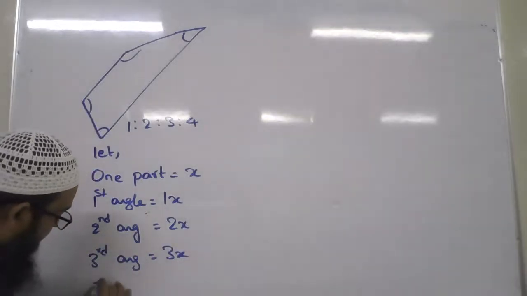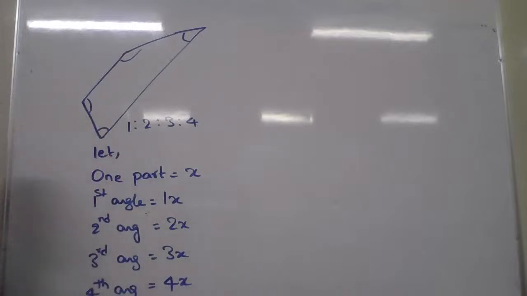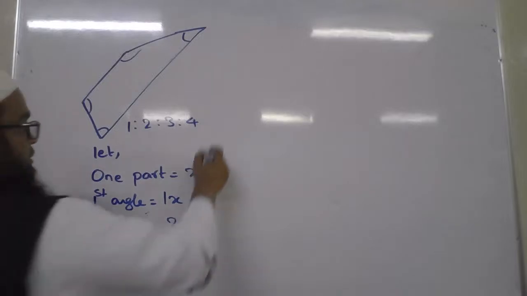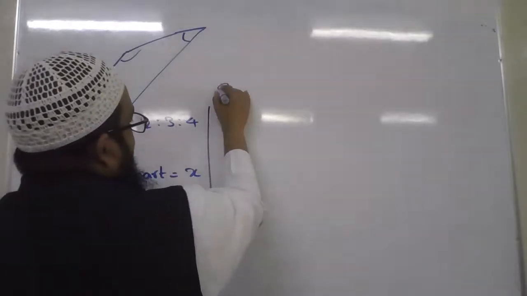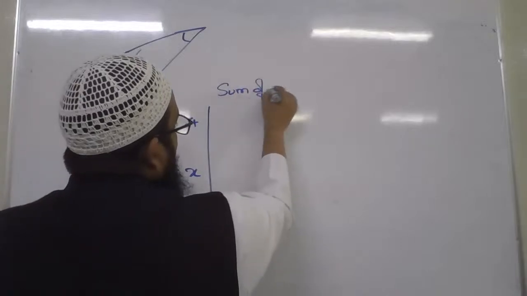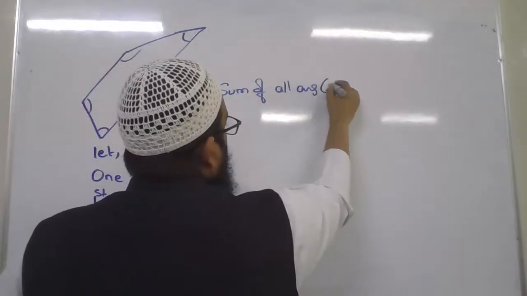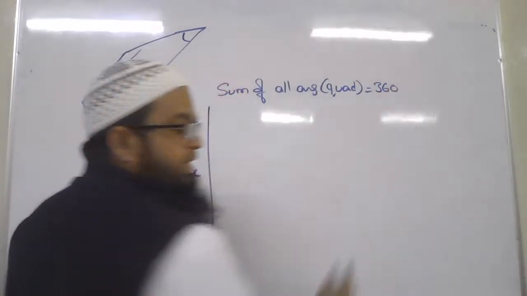And fourth angle, 4x. Is it right? Everybody understood the concept? Good, Sean. So now what is the concept to be used? The sum of all angles in a quadrilateral is equal to 360 degrees.